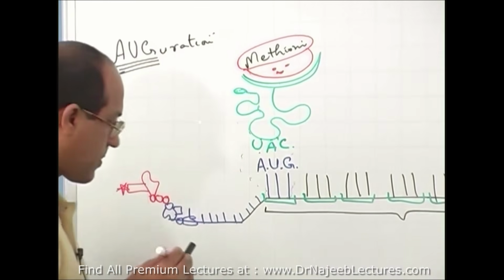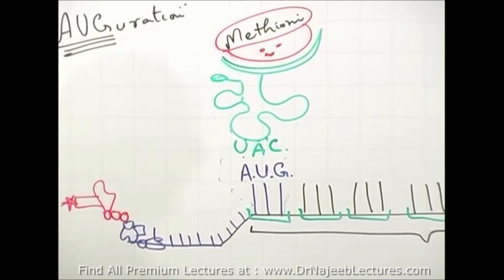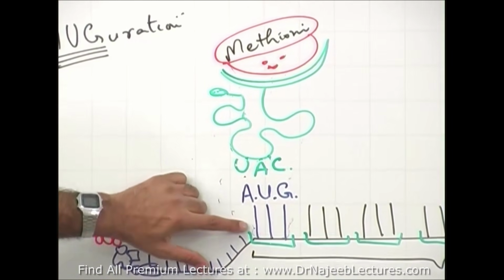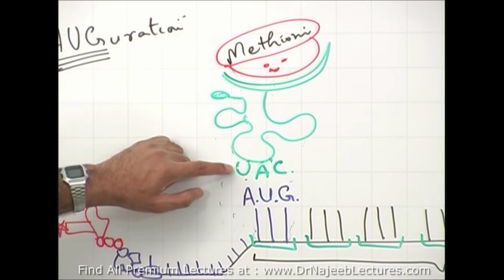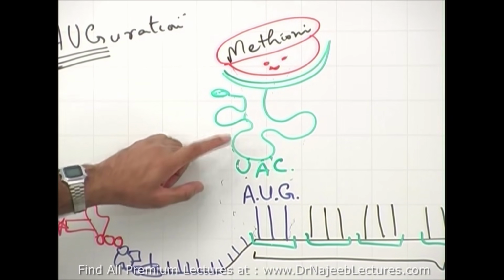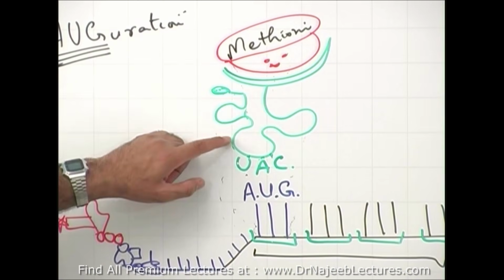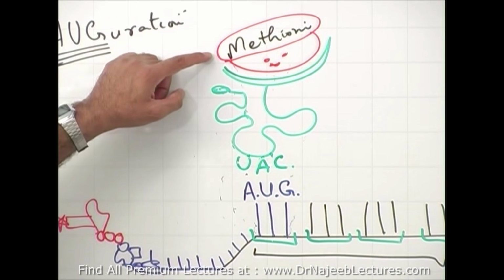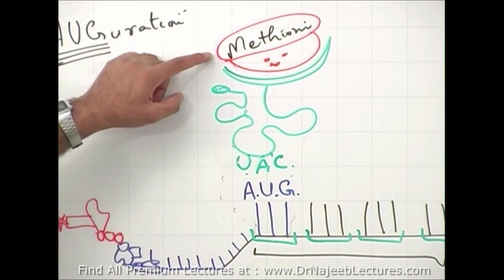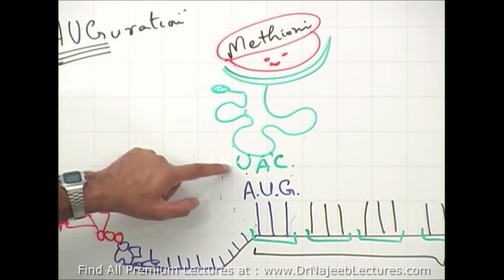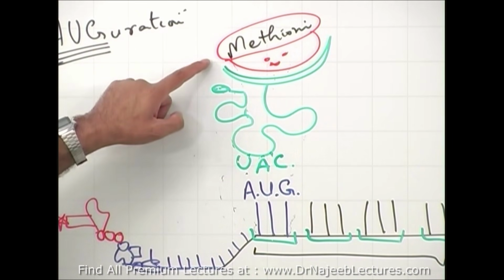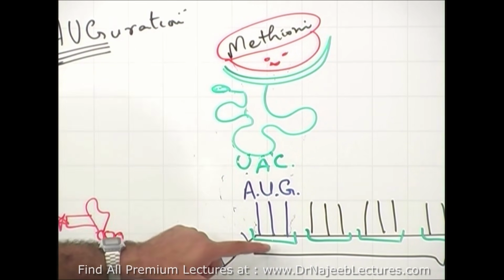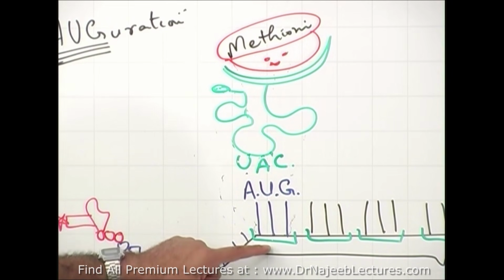Now, what really happens is that this particular codon in messenger RNA was going to match with an anticodon UAC of a particular type of transfer RNA, and that transfer RNA should be carrying methionine. So we can say in many ways, methionine is basically carried by a transfer RNA with UAC anticodon, or methionine is coded by the codon AUG present in messenger RNA.